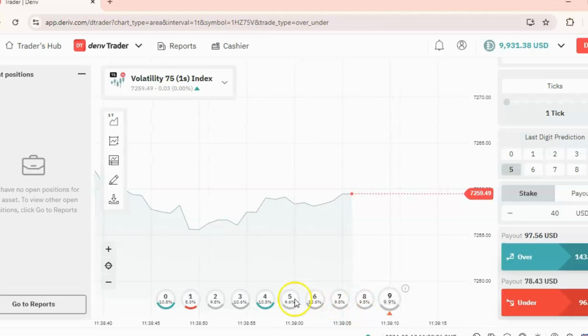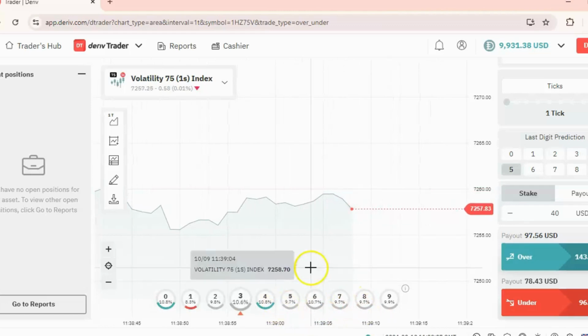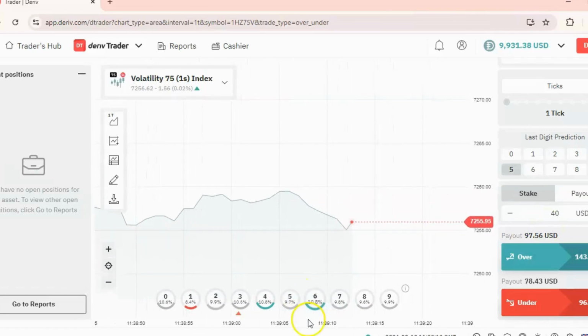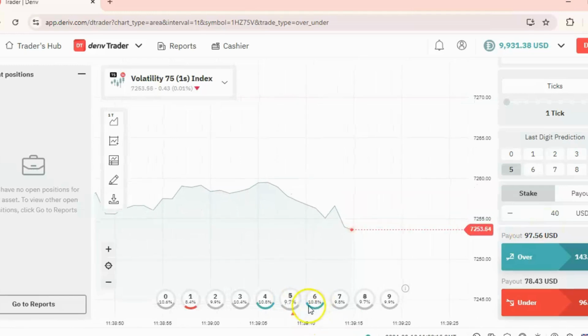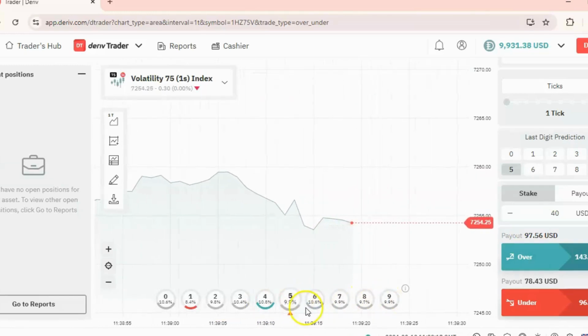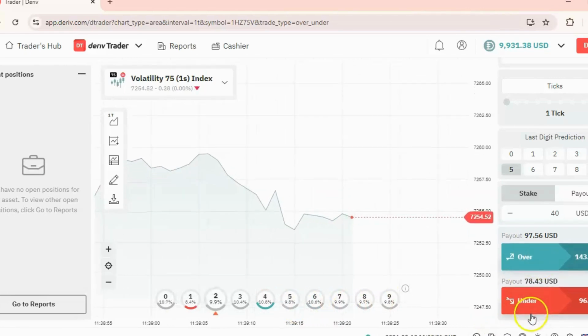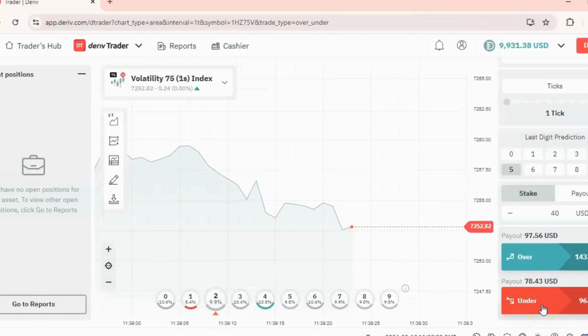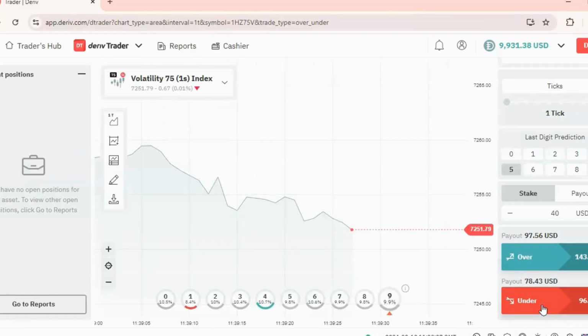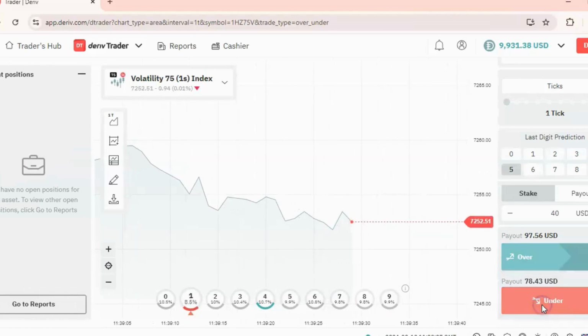So this one is a good market. We are going to be trading under 5. So we just wait for 5, 7, and then, but it's a bit risky. They're sharing 7 and 9, 5, 7, and then we click under. Let me just wait for it to click the odd numbers. 5, 7, 9, 5.